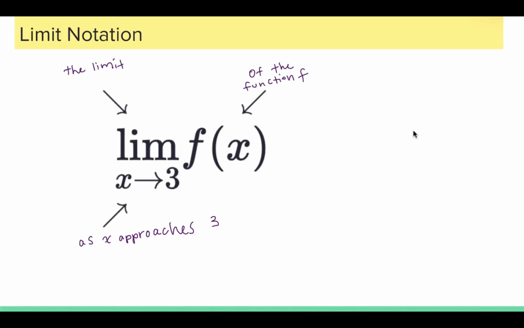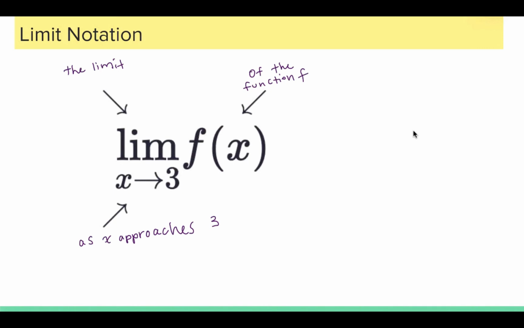There are a couple of ways you can say this. Will you please repeat after me? We could say it as the limit of the function f as x approaches 3. There you go. You've got to practice. Okay, cool. Or the other way, we could change the order.